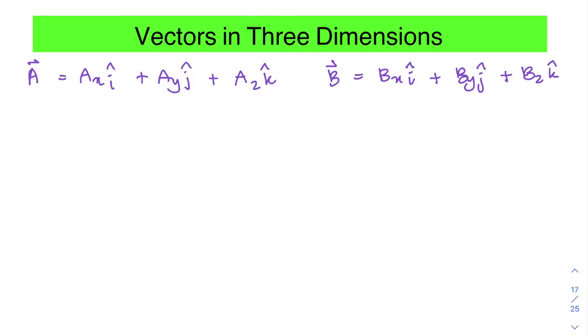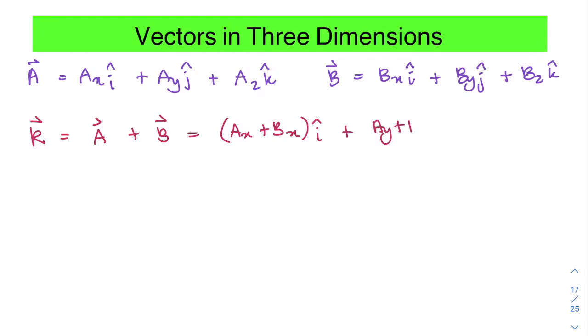Right. So now what you're going to do, you are going to determine the R in terms of vector A plus vector B. What does that mean? It means that, okay, ax plus bx in terms of unit vector i plus ay plus by unit vector j plus az plus bz unit vector of k.